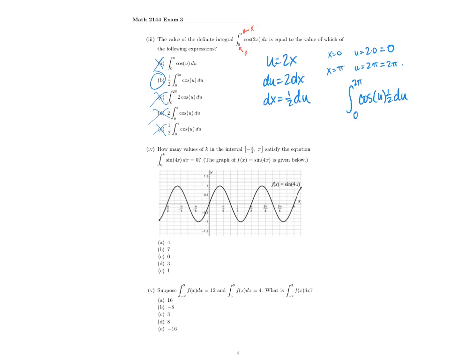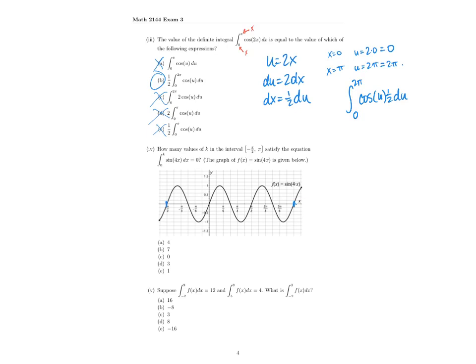Next one, how many values of k in the interval negative pi over 2, so we're going from this spot to pi, that's this spot, satisfy this equation? The integral from 0 to k of sine of 4x equals 0.